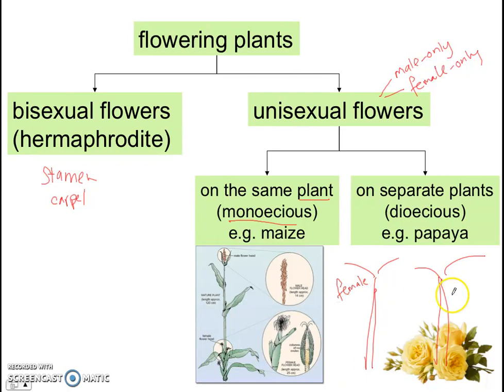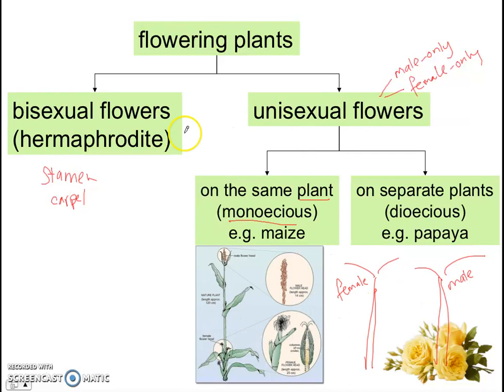And then you'll find other papaya trees where all the flowers are male. So on this papaya tree, you will not find any female flowers. You only find male flowers. And on this papaya tree, you only find female flowers, but not male flowers. So this is kind of like the papaya, and this is the mamaya, if you get what I mean. So this is a dioecious plant, where unisexual flowers are found on separate plants.